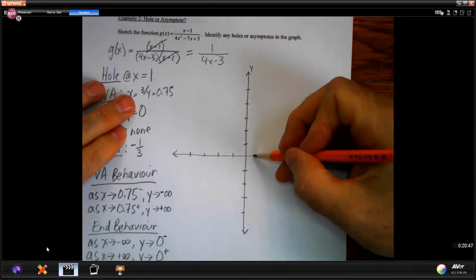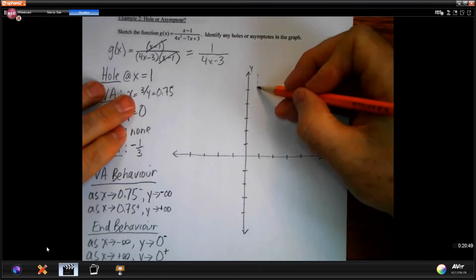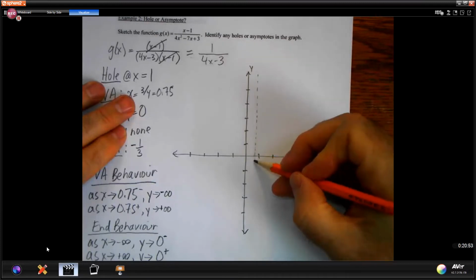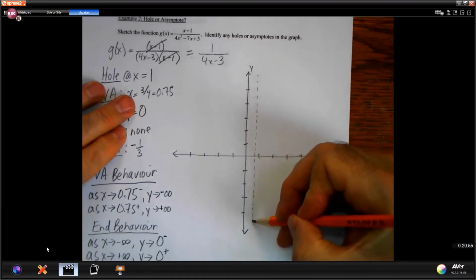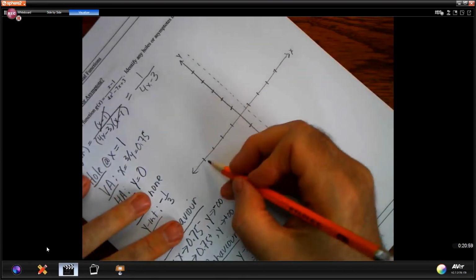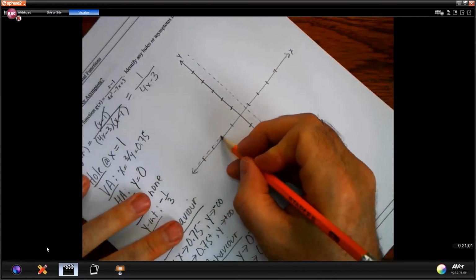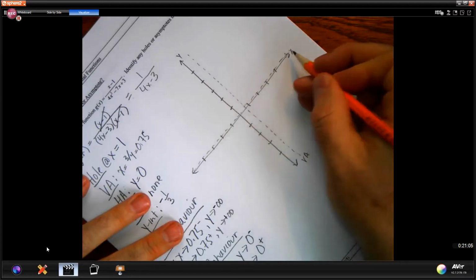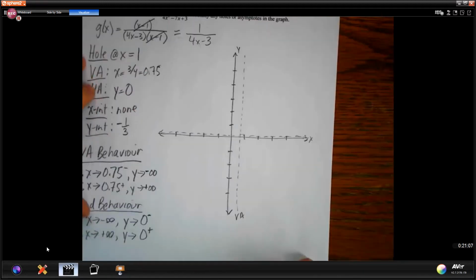So I've got 0.75. That's my vertical asymptote. My horizontal asymptote is the x-axis, y equals 0, so I'll just put a dashed line slightly above. Okay, so I've got my asymptotes.